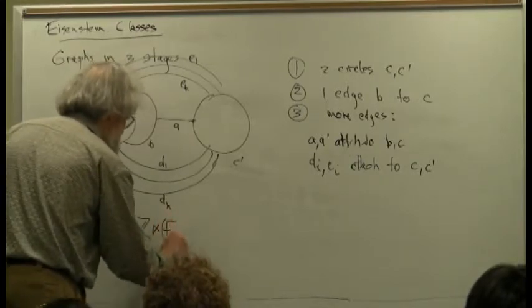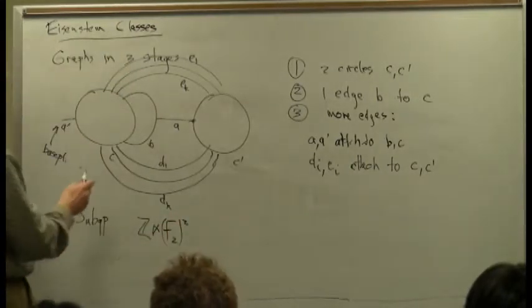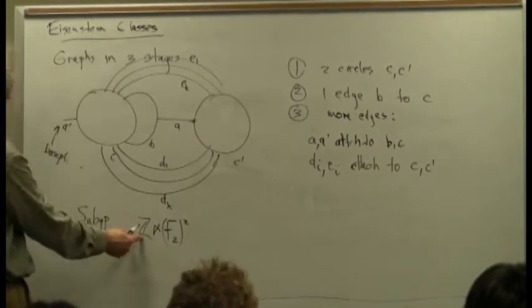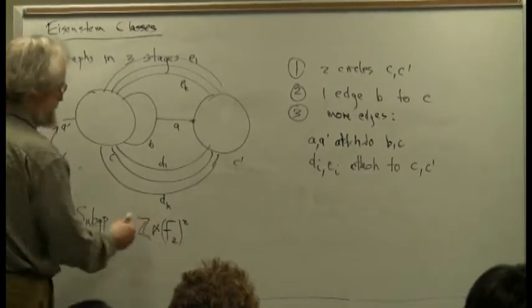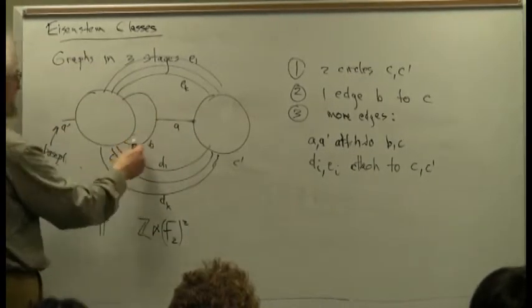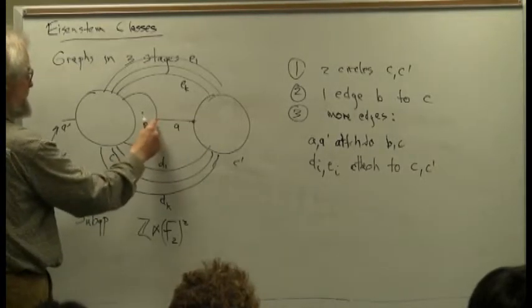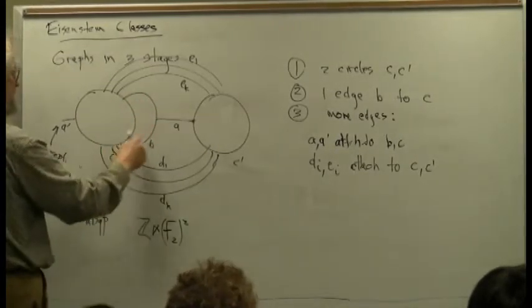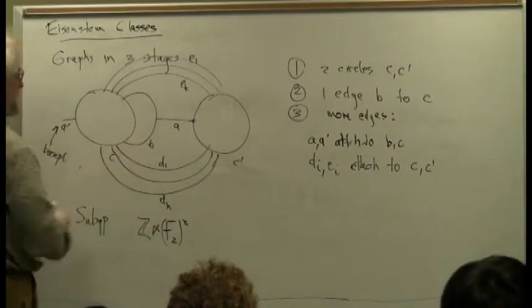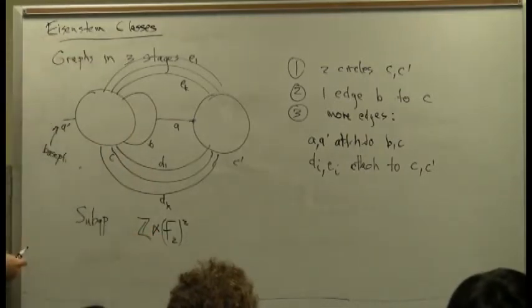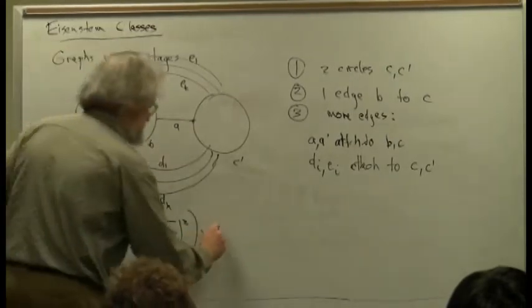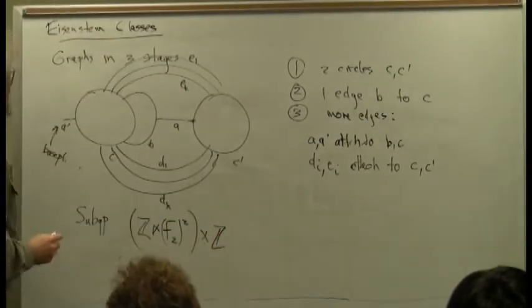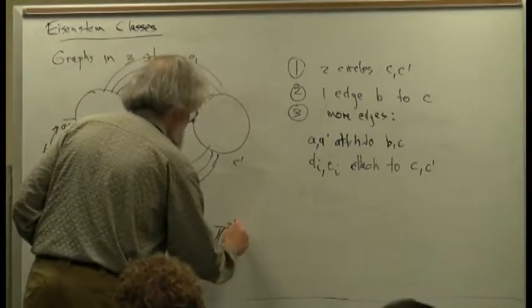So F2 squared. This B comes from the one end of B moving around C. The F2 comes from the A and A prime attaching to B and C. This end of A can be any point of B or C. The union of B and C is a wedge of circles, a rank 2 graph, an F2, and there are 2 of them, one for A and one for A prime. And then the D's and E's just give you a Z to the 2k, I guess?